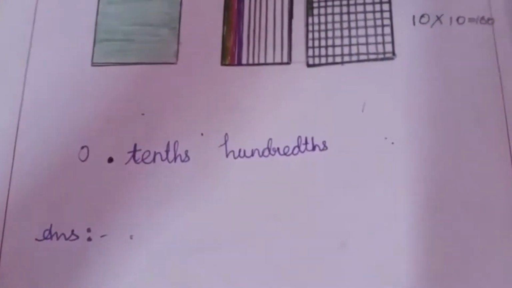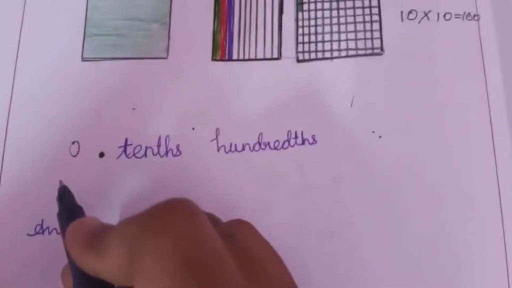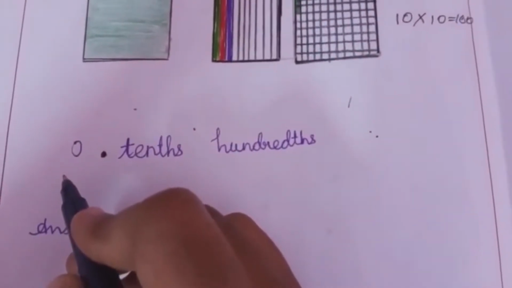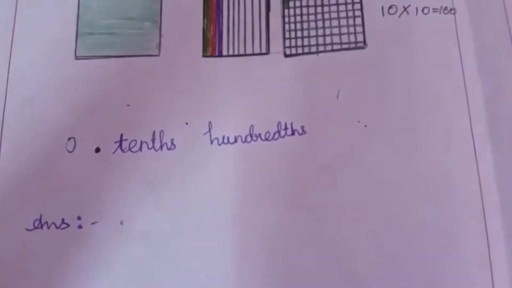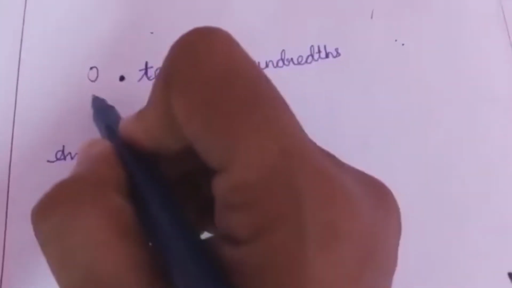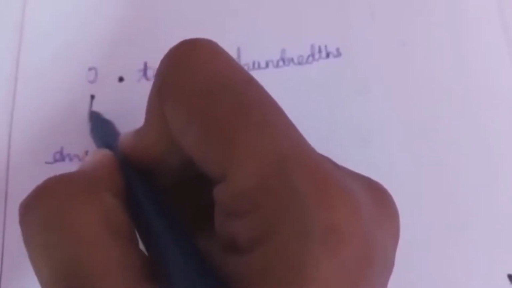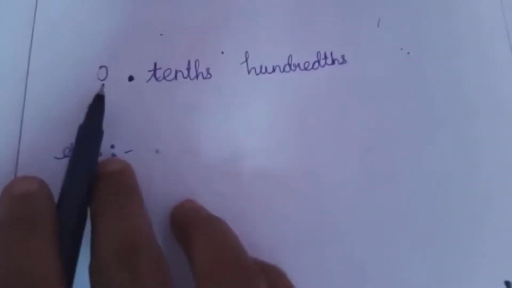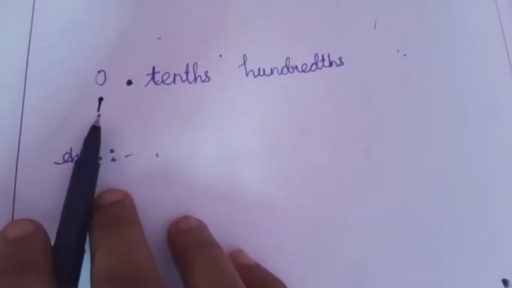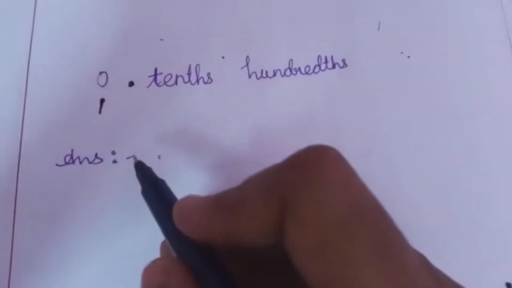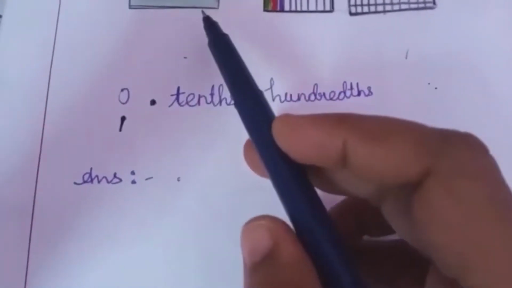This is the whole part. That will come in which place? The whole part will come under ones. So right here, below the ones column, you write 1, and then what about this one?